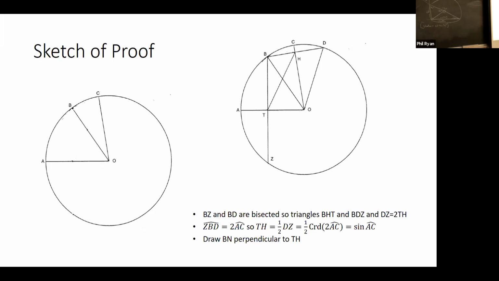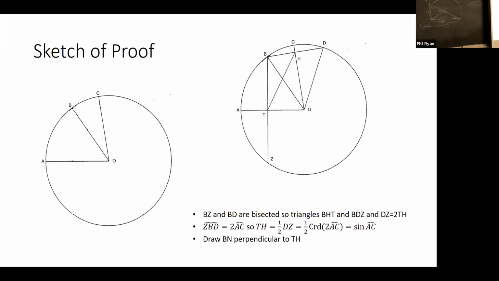So we get a bunch of similar triangles. In particular, DZ is going to be half of this thing here. And so basically, this length here gives the sine of the sum of the angles. Okay?